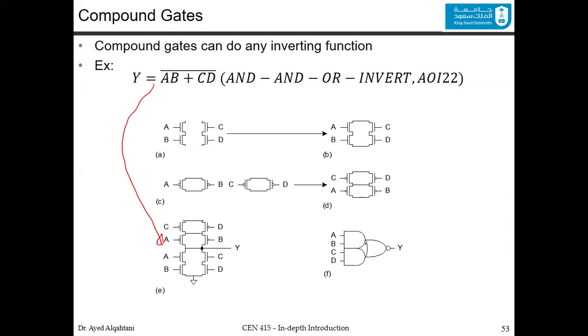However, you can see here that we don't have lines to connect between the AND and the OR or the NOR. The reason is because we are designing this at the CMOS level, and we call it a compound gate.